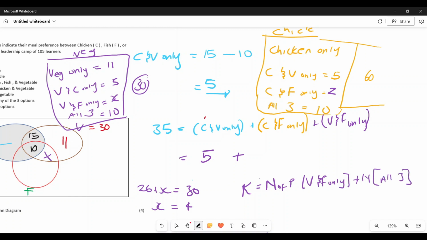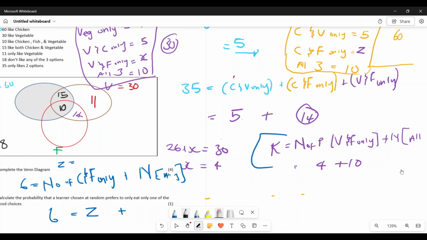All the three. All right. So this is to get that amount that I need to recognize here. So basically, the number of people who prefer vegetables and fish only, they are 4, and the number of people who prefer all the three, how many are they? So it's 4 plus 10. So this amount which should be here, it should be 14.